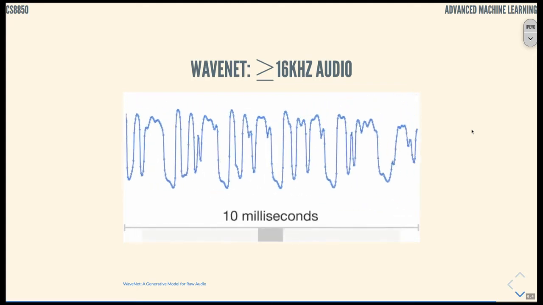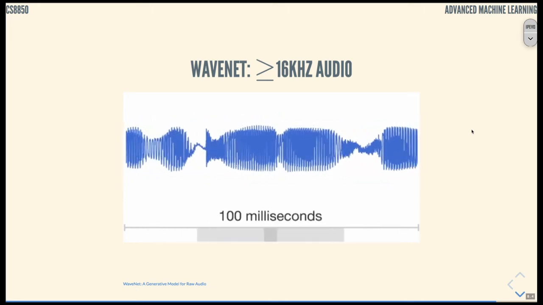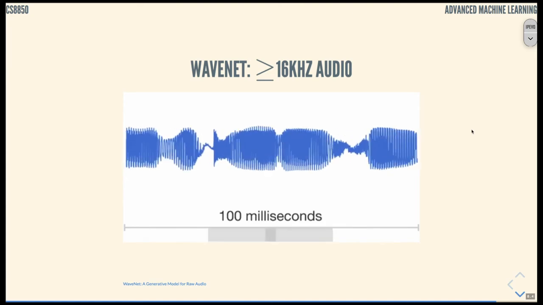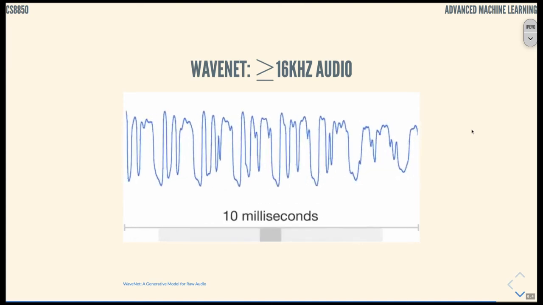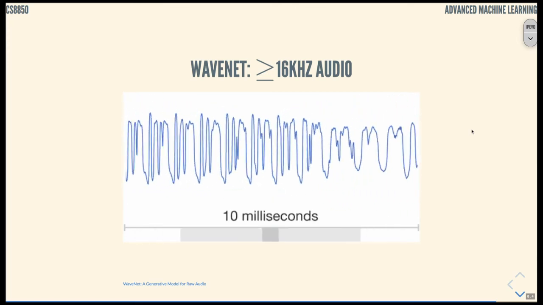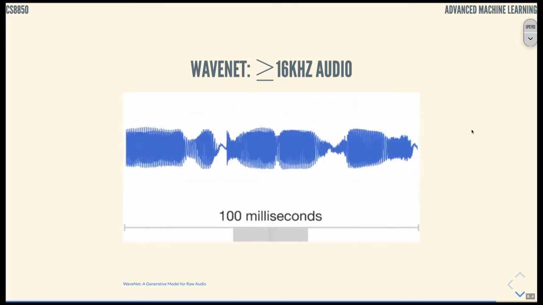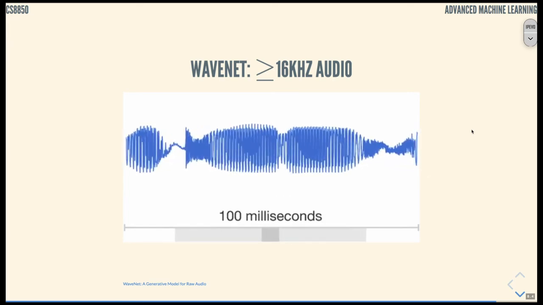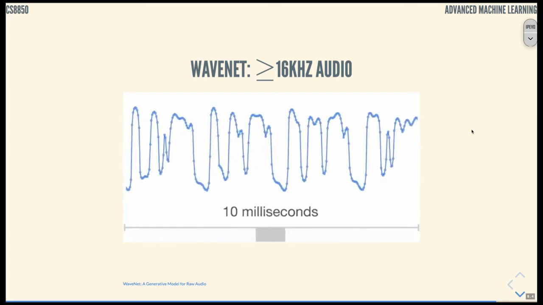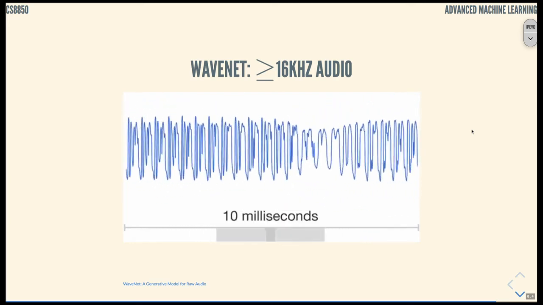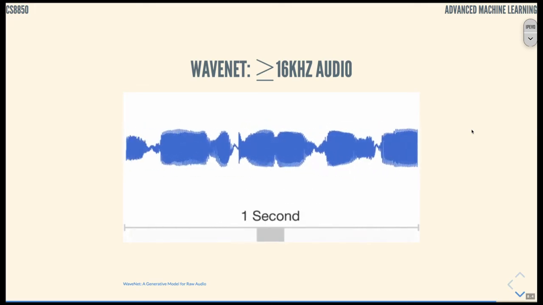Usually it's generated by concatenative or parametric models, when you just take phonemes and concatenate them together to create speech. This is, by the way, interesting. When you start generating audio, you can generate speech, and that was the original motivation for WaveNet, which is also a convolutional network of the PixelCNN type.